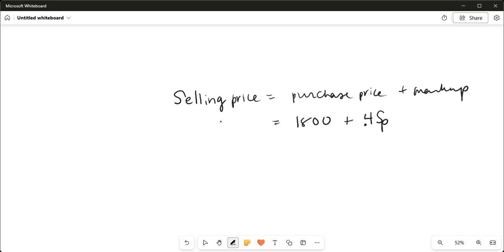We know that if the markup is 40% of the selling price and the purchase price is $1,800, then SP equals 1,800 plus 0.4 SP.